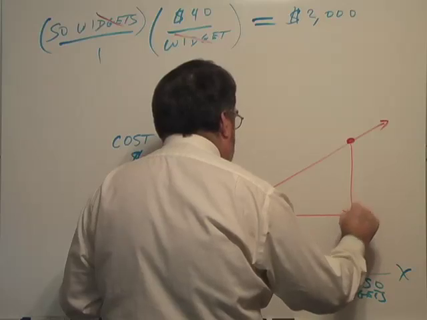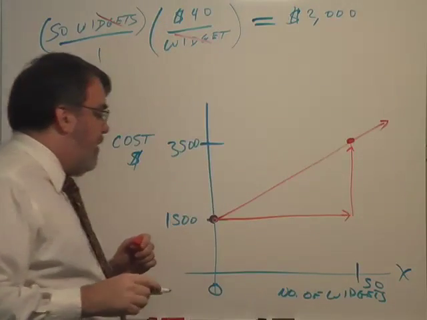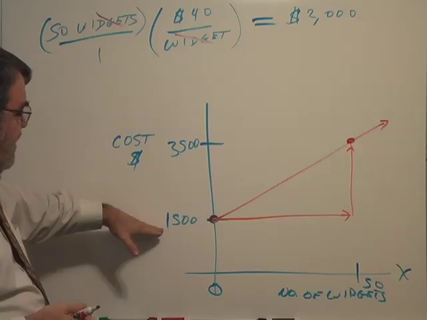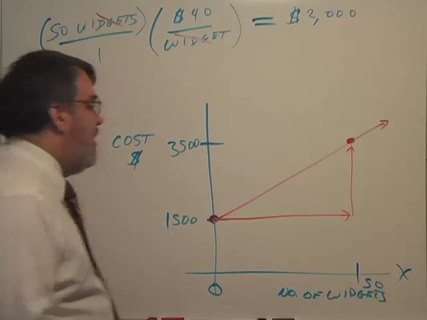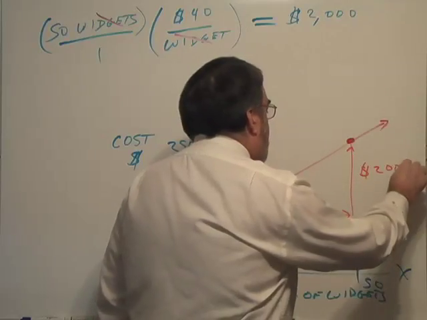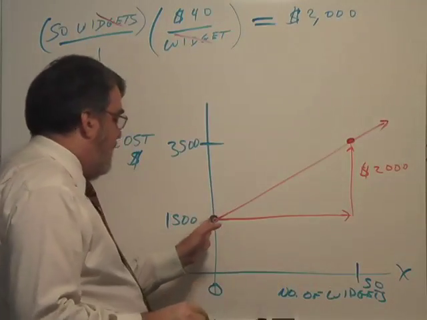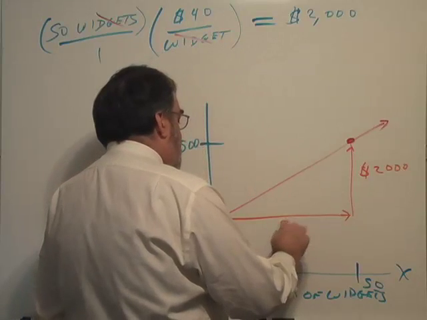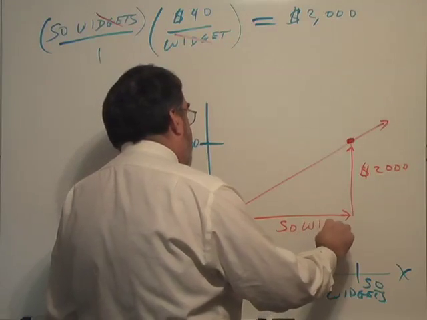What is the change? Well, the vertical change goes from $1,500 to $3,500. That's an increase of $2,000. And the horizontal change runs from 0 to 50. 50 what? 50 widgets.